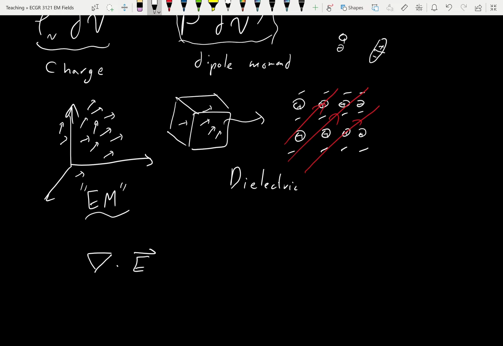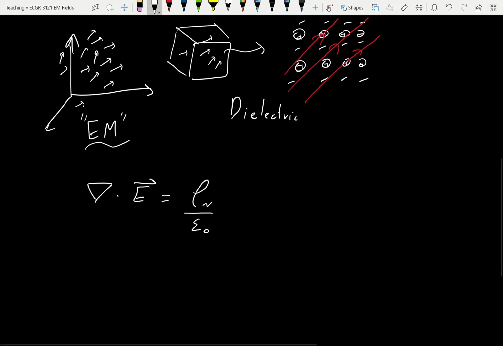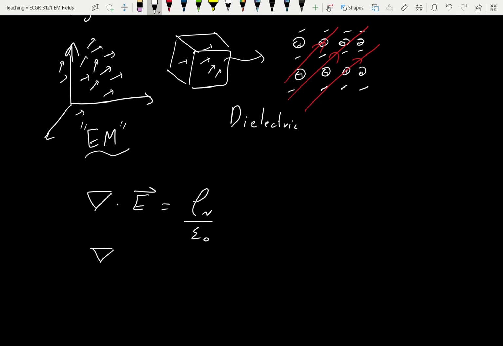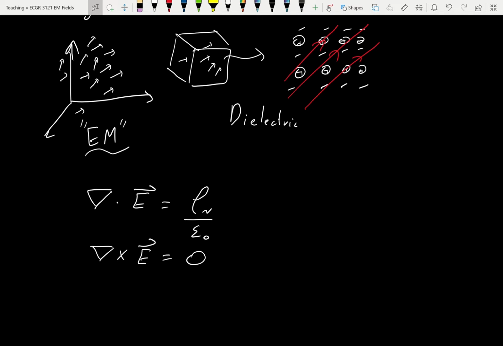We know that divergence of E equals rho over epsilon naught, volume charge density over epsilon naught. And we know that curl of E is 0, right? So that's what we know.